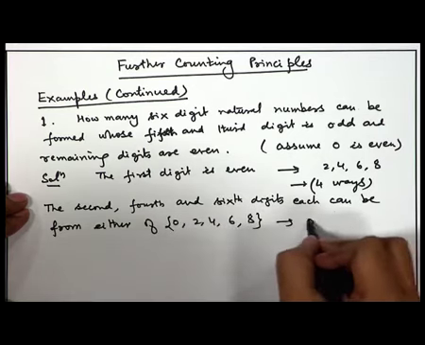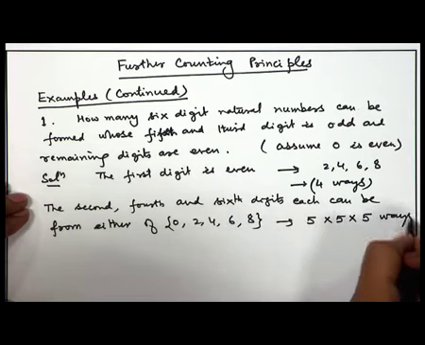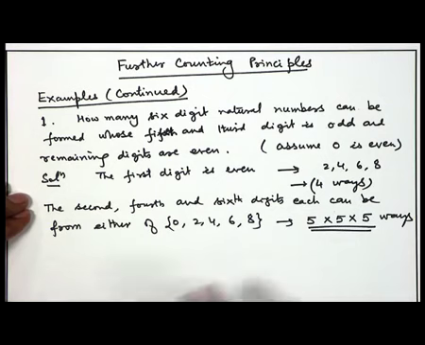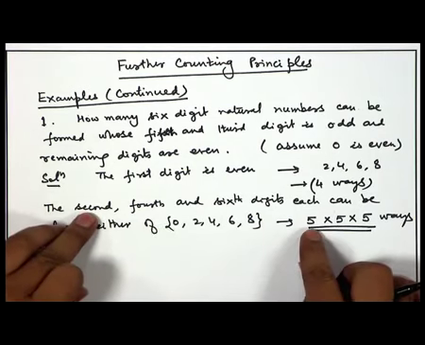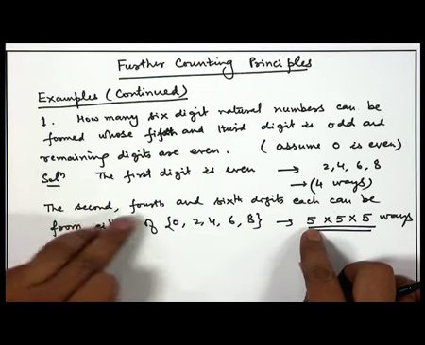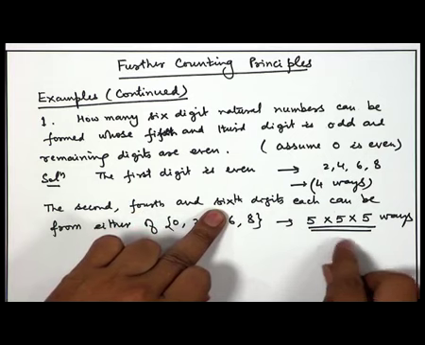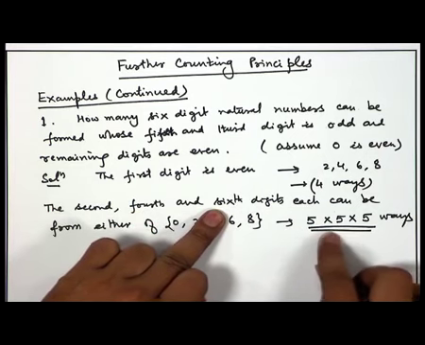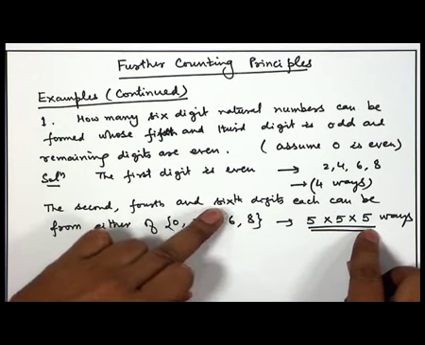That means 5 into 5 into 5 ways. I have applied the multiplication principle here: the second digit can be chosen in 5 ways, the fourth digit in 5 ways, and the sixth digit in 5 ways, and all of them have to be together. Therefore, 5 into 5 into 5 ways.